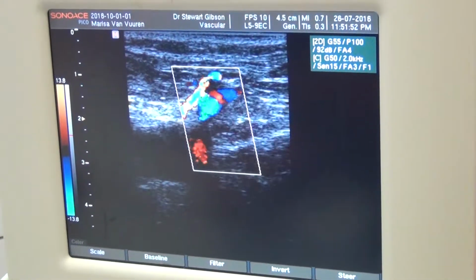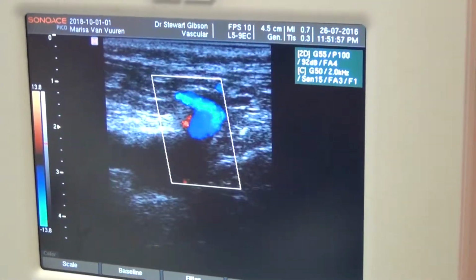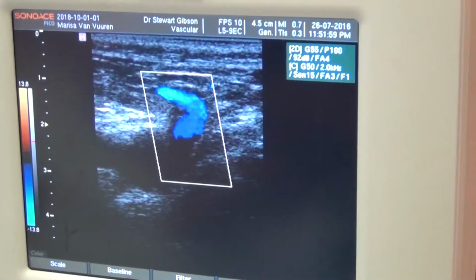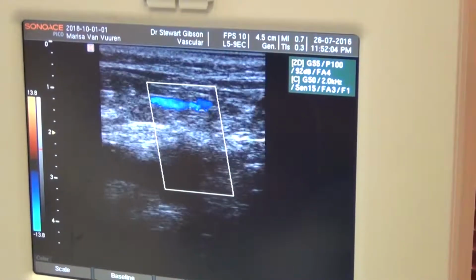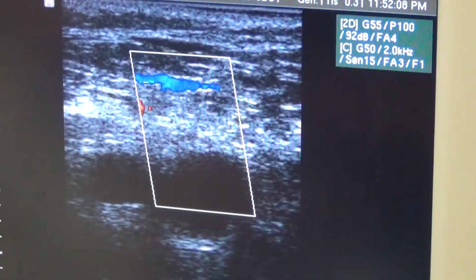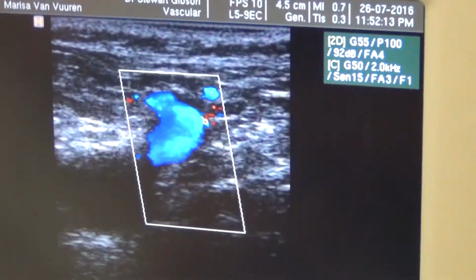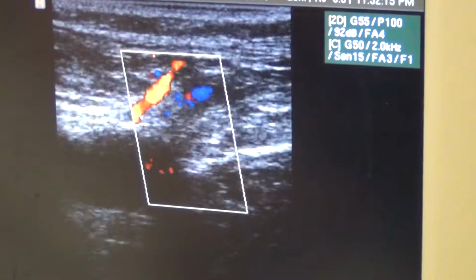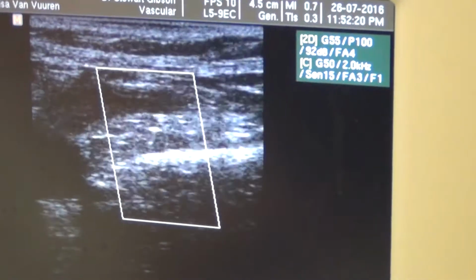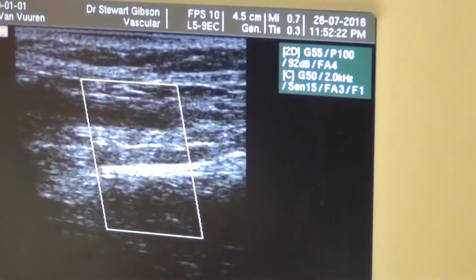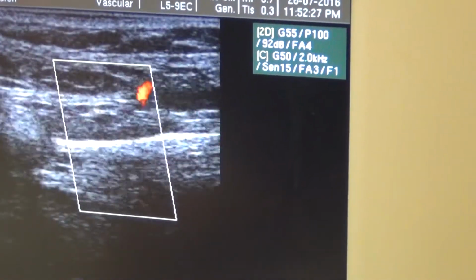We're looking at the great saphenous vein emptying into the common femoral vein in the saphenofemoral junction on the right. Going up towards the epigastric, you can see a very high venous flow rate that is present in the junction. The reason for this is unknown. Now, if we trace the great saphenous vein back to where we've just come with our previous saphenofemoral junction, there's our great saphenous vein.